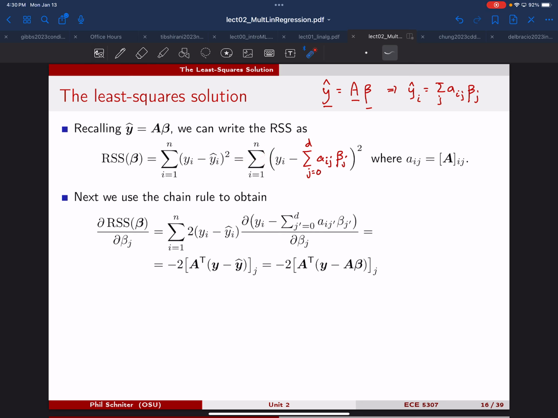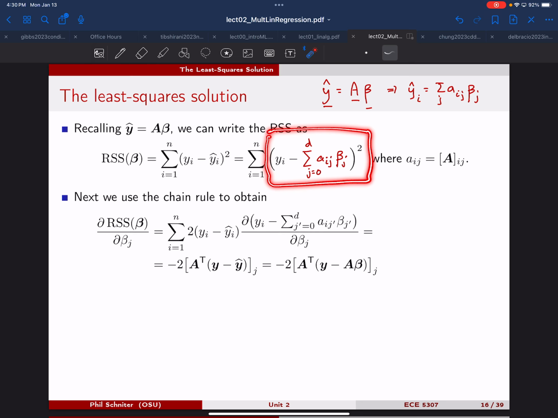In other words, the derivative of a sum of terms is the sum of the derivatives of the terms. Okay. So when we do this partial differentiation, we just move the derivative through the sum, we write the sum here, and then we work on the derivative of this quadratic term with respect to beta j. Is everybody okay with that idea?